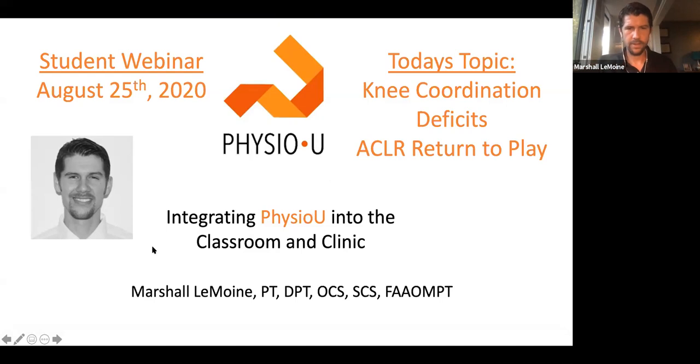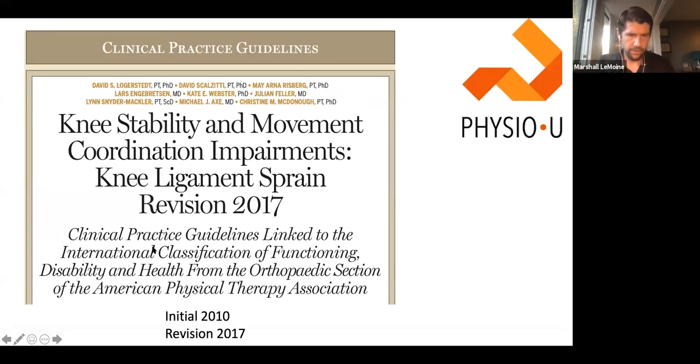When we think about ACL, there are two guidelines that fit into this category. One is the coordination impairments, which is your ligament sprain. These are the people that don't necessarily go on to have surgery yet, people with a ligament sprain, whether it's ACL, MCL, LCL, PCL, and how you treat them as more of a coper.